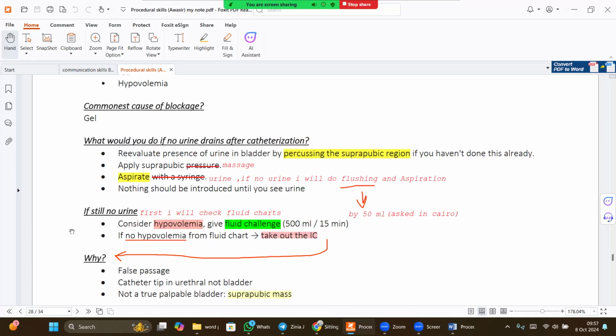If still no urine, first I will check the fluid chart. Consider hypovolemia; give a fluid challenge, that is 500 ml in 15 minutes. If no hypovolemia from the fluid chart, take out the catheter.